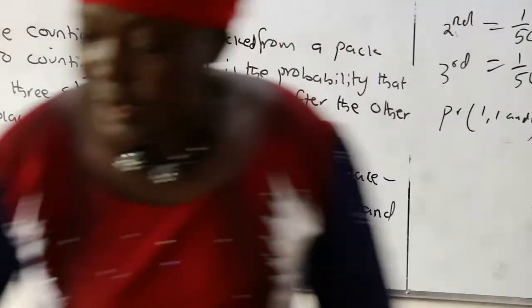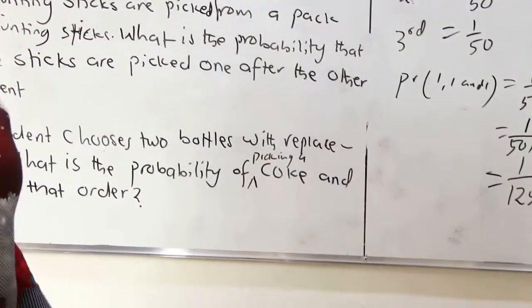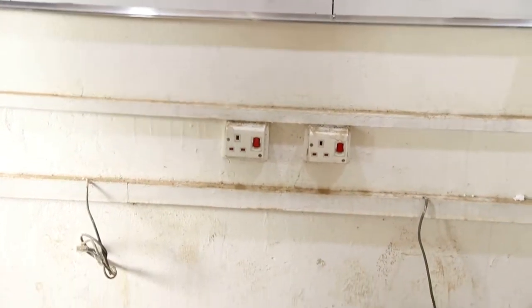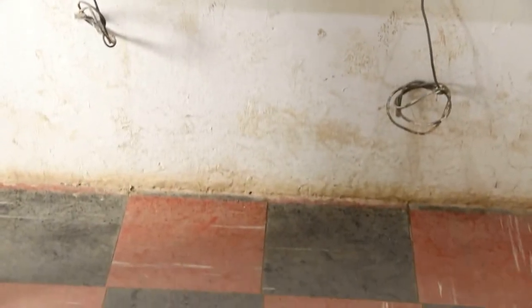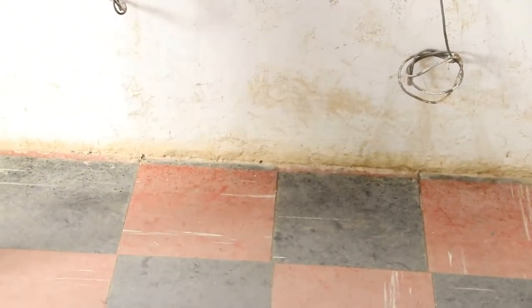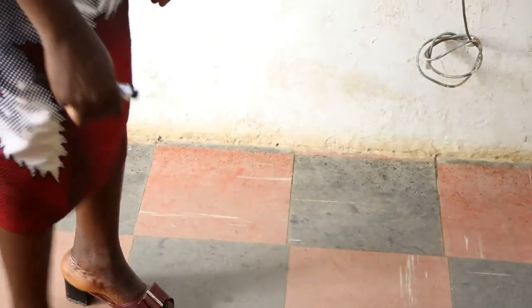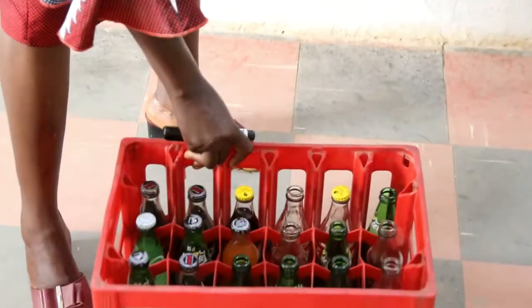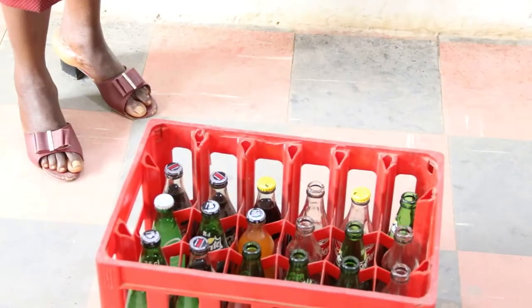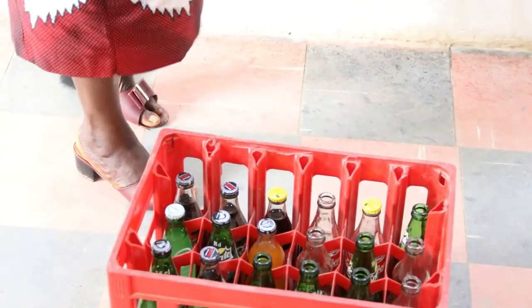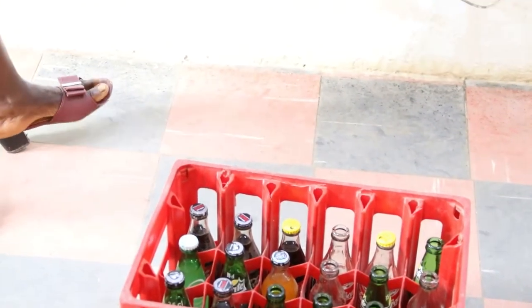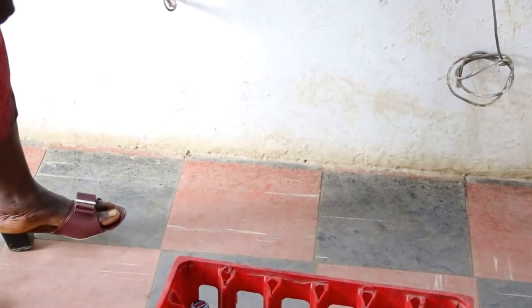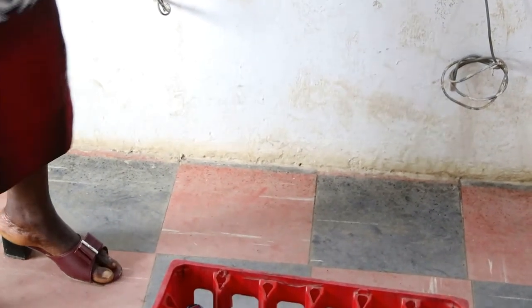Now, this is a complete crate of minerals, because we are talking about bottles. So minerals deals with bottles. The complete crate of minerals has 24 bottles inside. Okay? So if this is the crate of minerals, what is the probability of picking Coke and Sprite in that order?